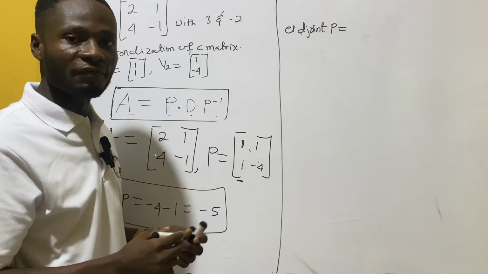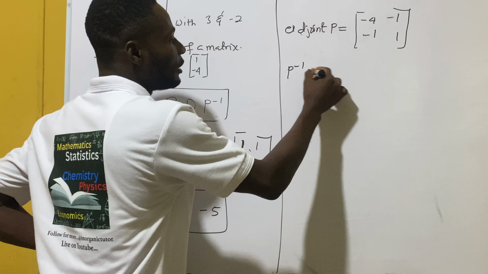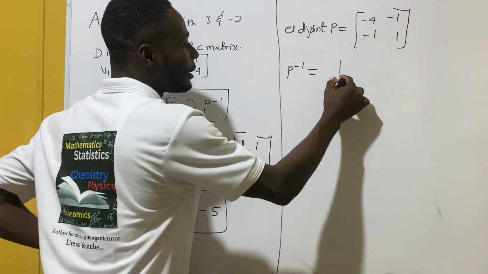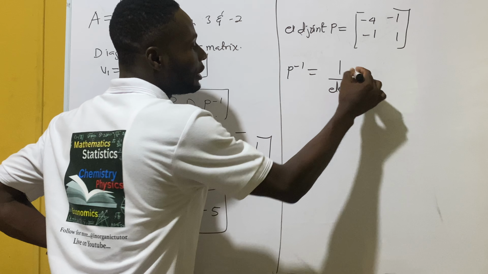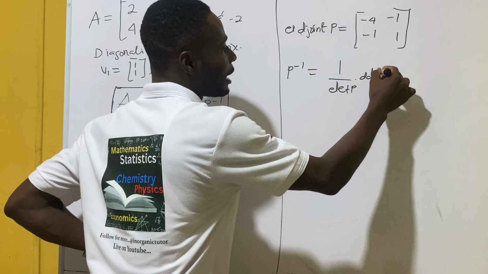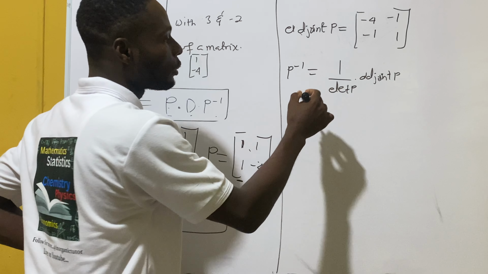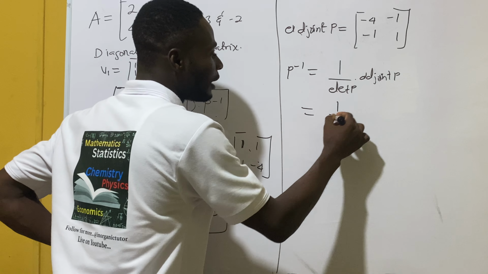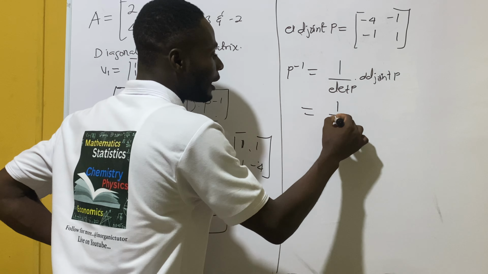So once you have the adjoint and you have the determinant, you can find the inverse. The inverse of P is 1 over the determinant of P times the adjoint of P. So here we are going to have 1 over -5 times -4, -1, -1, +1.